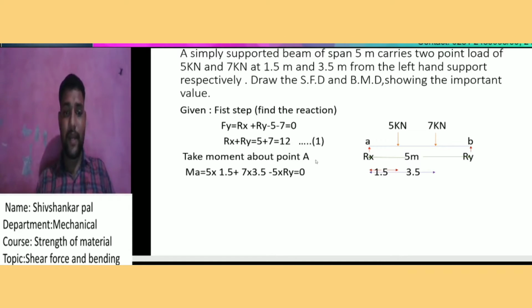So take moments about point A. Why am I taking moments about point A? When I take moments about A, the moment due to the reaction at A is 0, so only one variable remains to be found. If we do not do that and take moments about the 5 kN and 7 kN loads, the problem is that both variables Ra and Rb appear in the equation, and it is then difficult to solve for them.